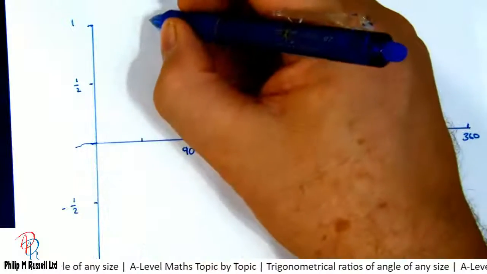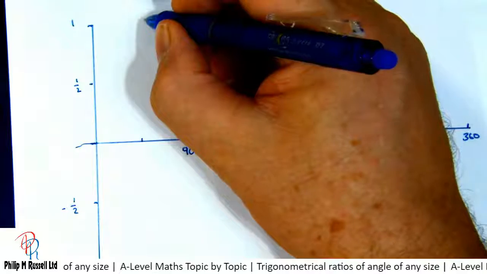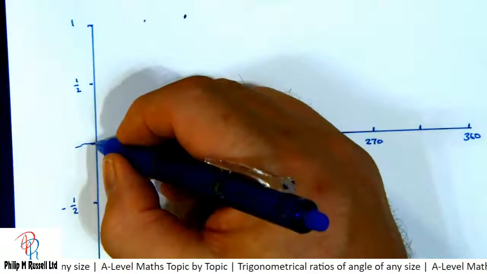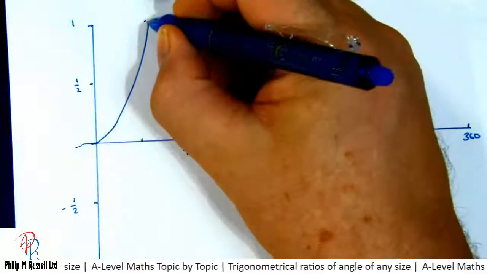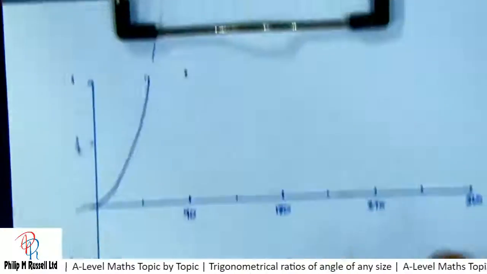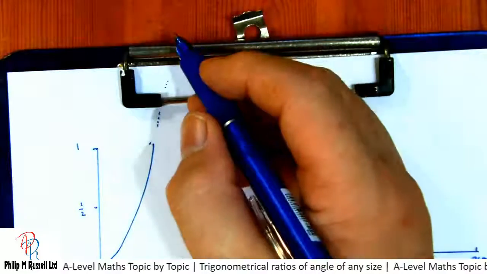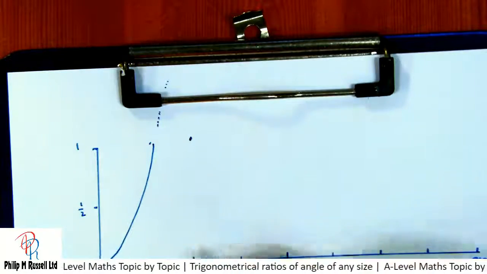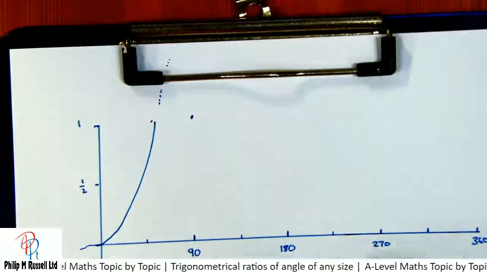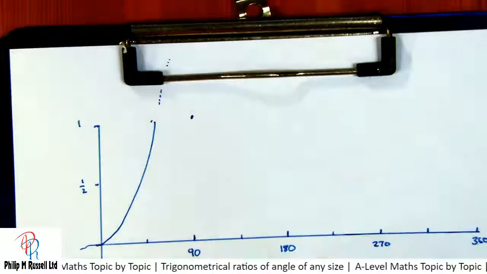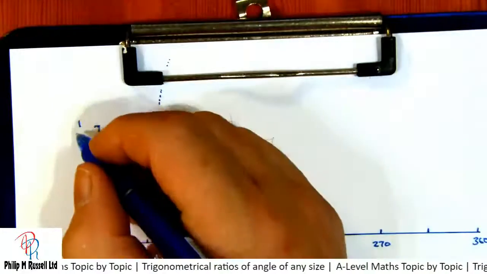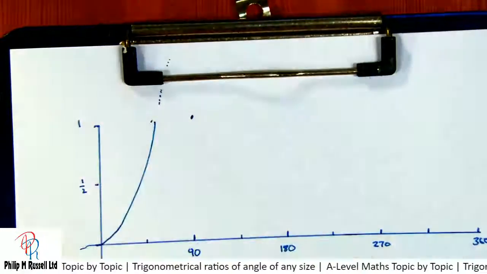Now my problem is we're already hitting 1 at this point here, and this graph is now going to continue way up there, and that makes this really impractical trying to draw this one, because it's not going to work with these particular values.